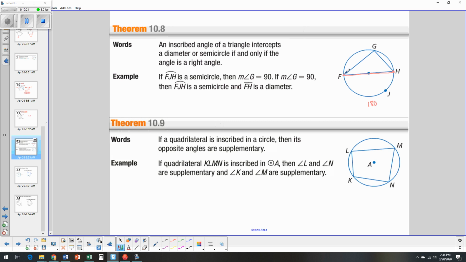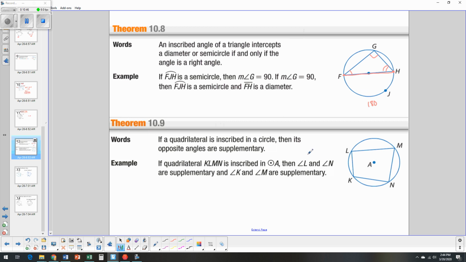And if I were to pull back and look at this inscribed angle, half of 180 is 90. So that makes it a right triangle. So anytime I have a triangle inscribed in a circle with one side being the diameter, it makes it a right triangle. That means this angle is equal to 90, and then these two added together equal 90.